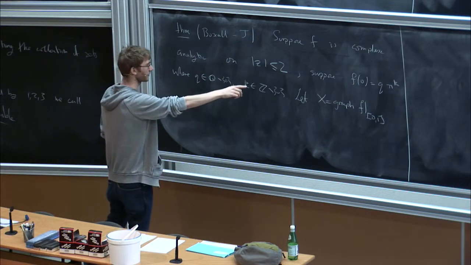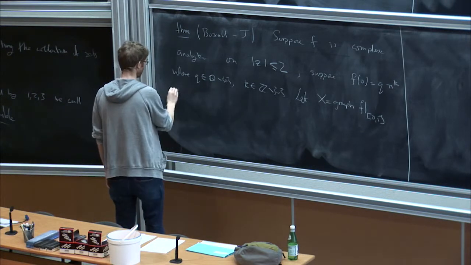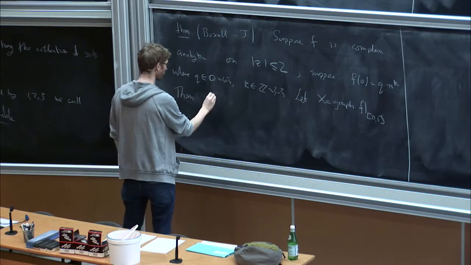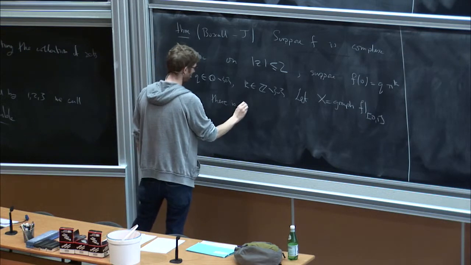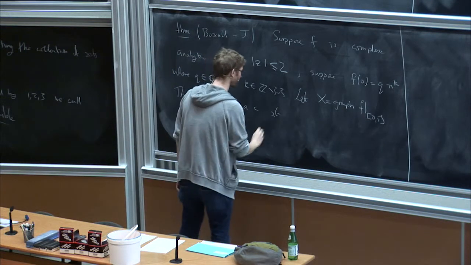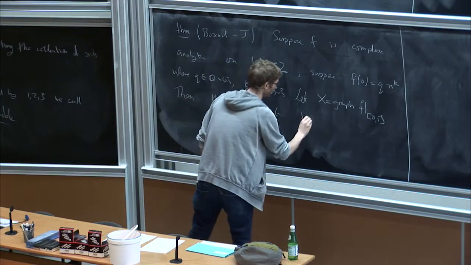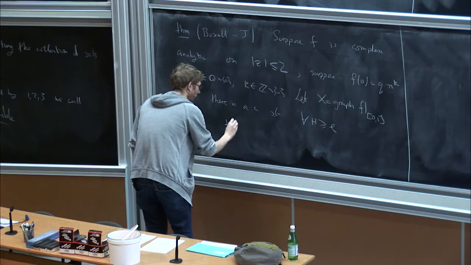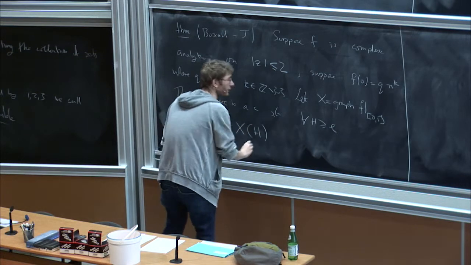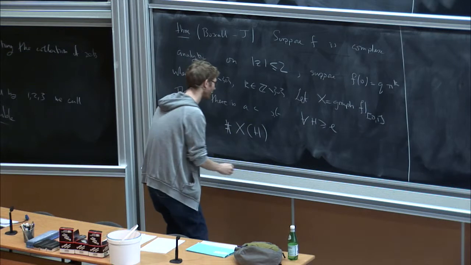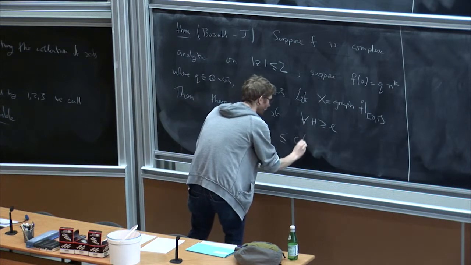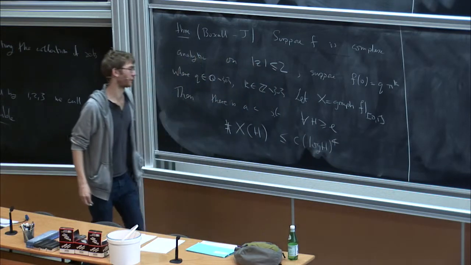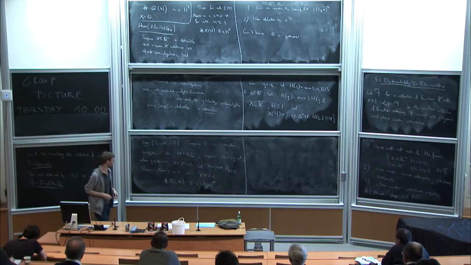But under this assumption, there is a C such that for all H at least e, on this set, the graph of f over the smaller interval, there are at most C times (log H) to the 4 points.